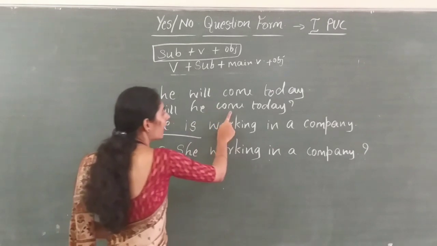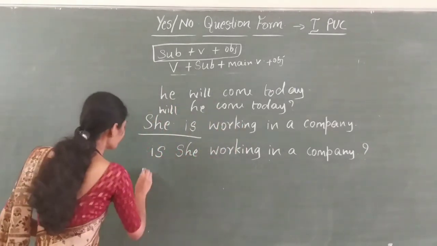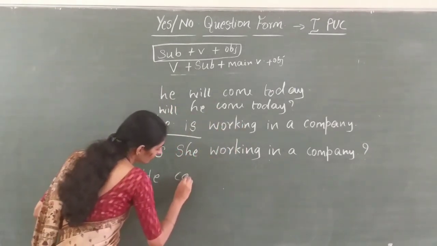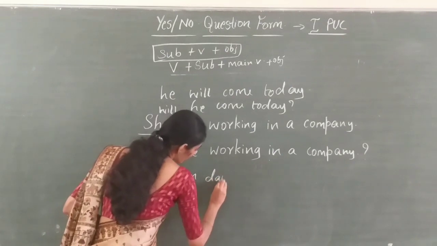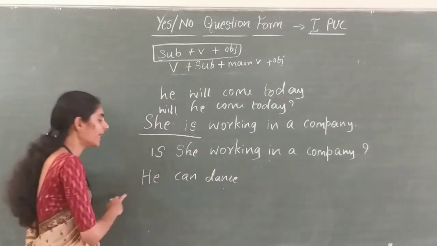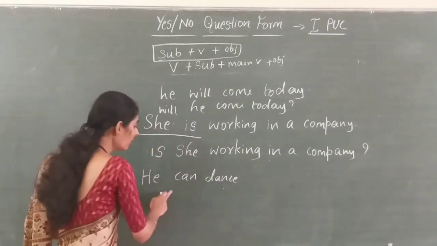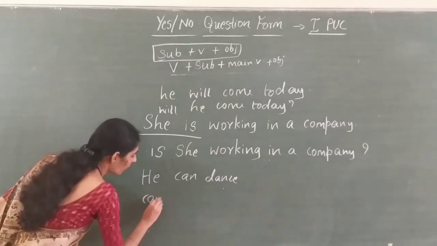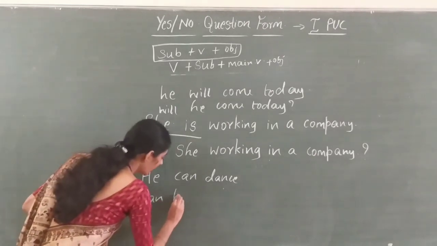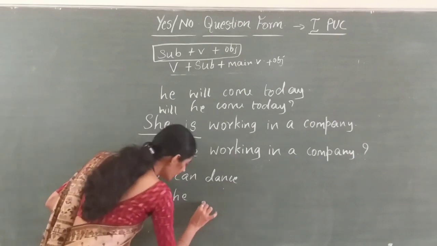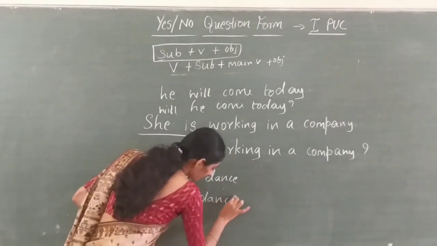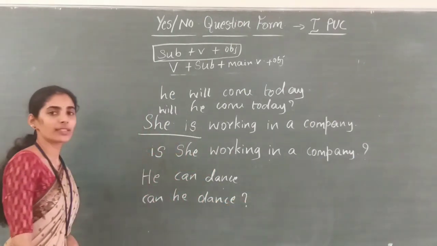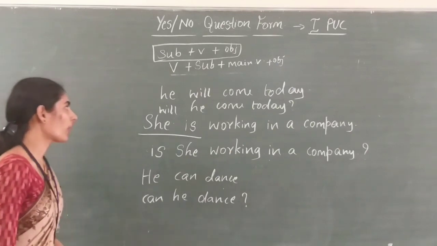Will he come today? Look at this. He can dance. So now, the verb can, and then he. Can he dance? So this is how we frame yes or no question.